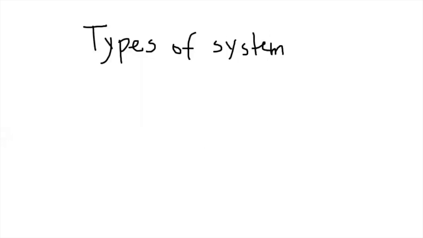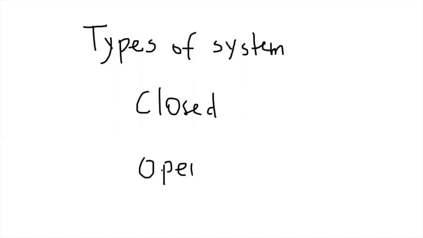And we can also say that there are two types of system, which are the closed system and the open system. A closed system is a system where the mass is not going out, nor going in. You can exchange energy, but what you cannot do is extract or input more mass.